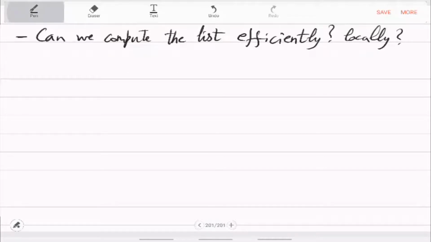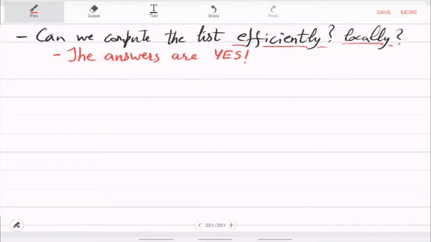Right, locally means by minimizing the queries to the corrupted code word. So, we will actually do both. So, let us first list decode Reed-Solomon, that is a fundamental decoder.